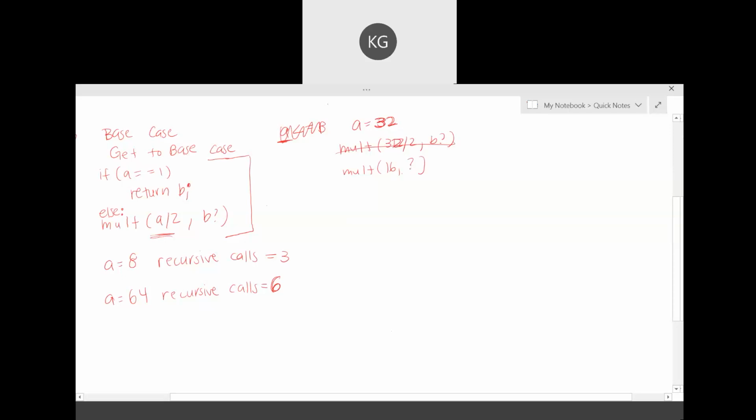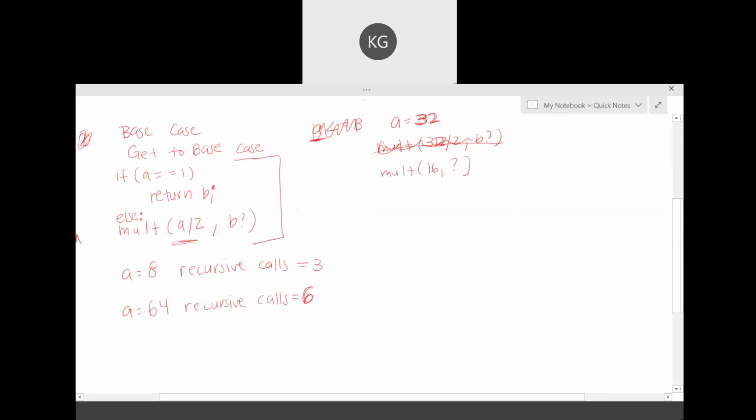So this is our first call. And now when we look at this, we plug in 16. If A equals 1, now A equals 16, so we have to go back to the else statement and call mult again. But now we have to call mult for 16 divided by 2, which is 8.